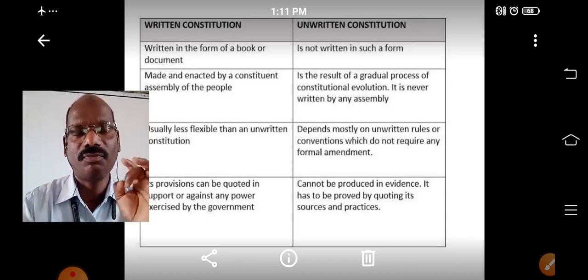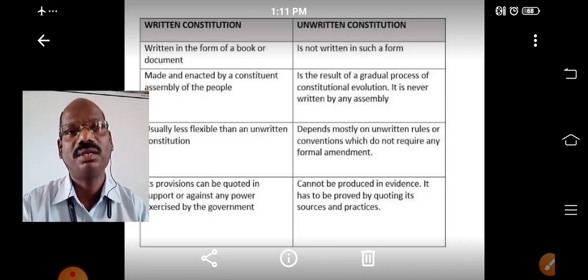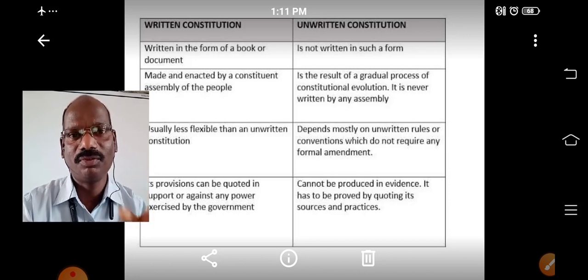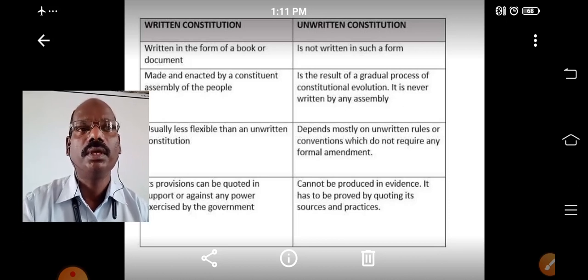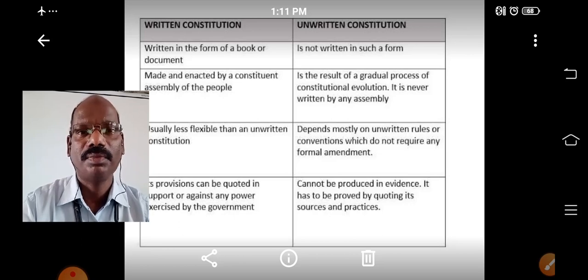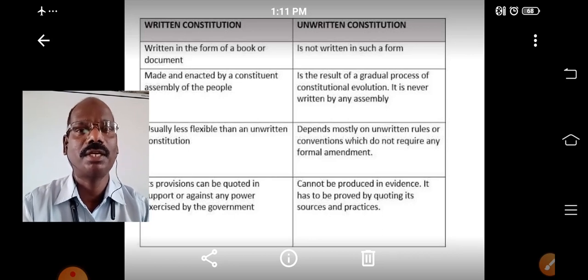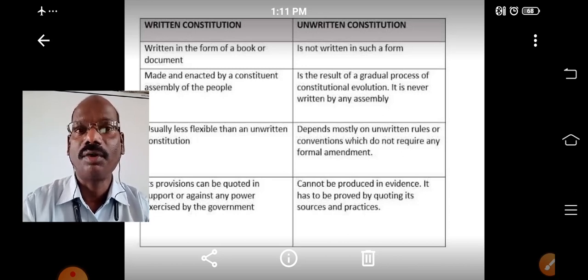A drafted form is there, an alphabetical form. But in the case of an unwritten constitution, it is not written in such a format. There is no written form, nothing is there. It is only oral. The term itself describes it: not written anywhere, only orally, a tradition or practice. That is called an unwritten constitution.